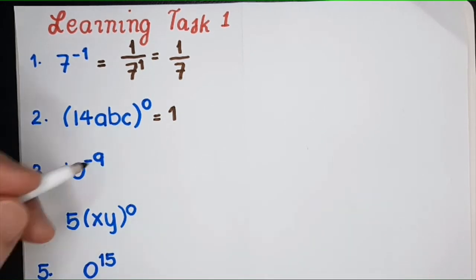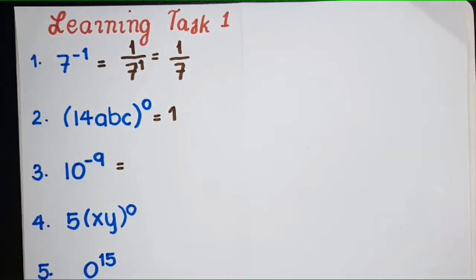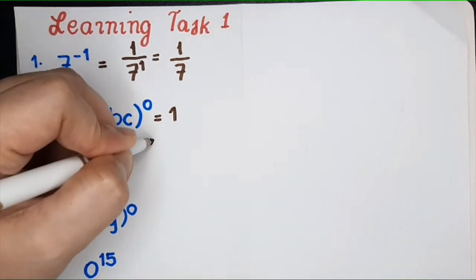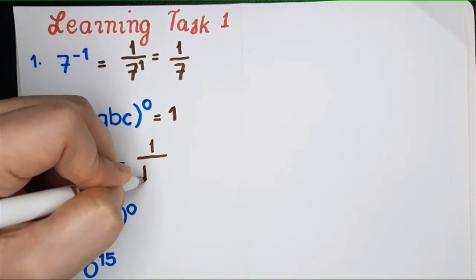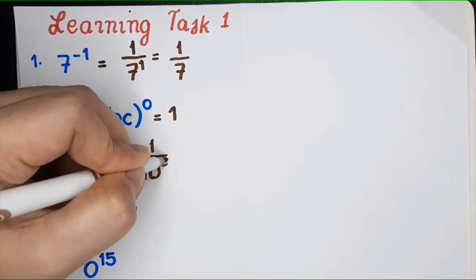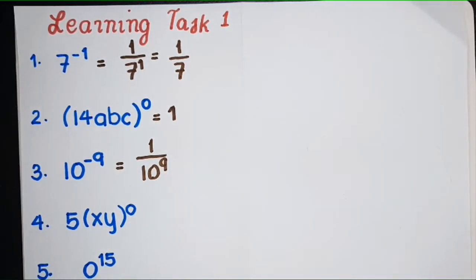Okay? Okay, let's continue. What about number 3? Okay, kamukha lang nito yung number 1. How are we going to write this without negative exponent? So, madali lang. It's like 1 over 10 raised to 9. Okay?